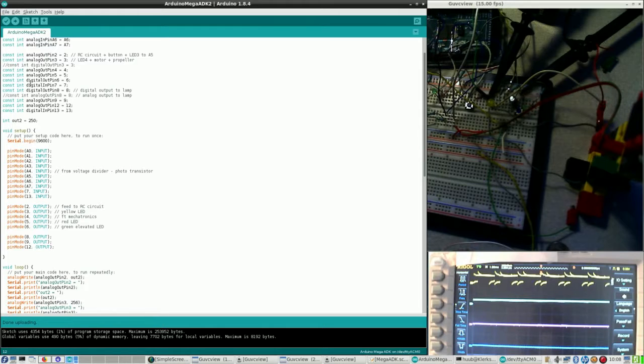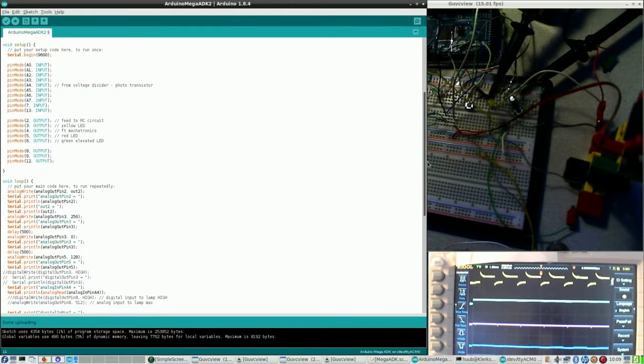Changing again to digital. Then this one is going to be high. This one is of course then going to be low. Oh, but it should be digital, of course. Wait, I have to do it a little bit different.